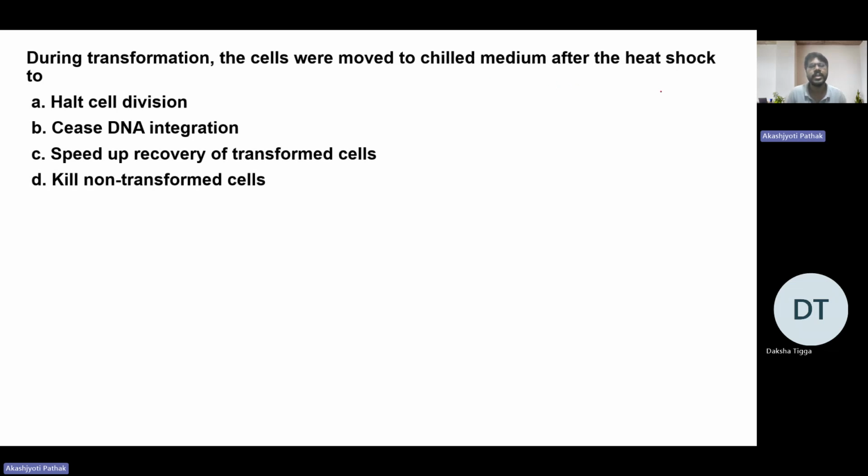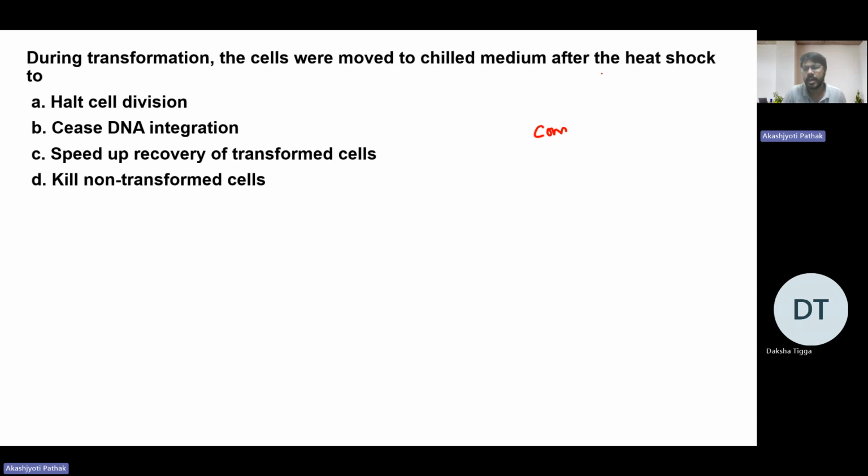So after you give the heat shock, you quickly place the cells in the ice or in the chilled medium. Why is it so? To halt cell division, to seize DNA integration, to speed up recovery of transformed cells, or to kill non-transformed cells. So what is the answer? When you are preparing competent cells, you have to be very careful.